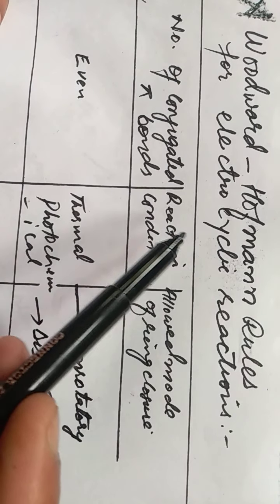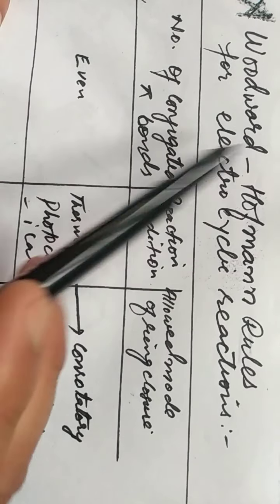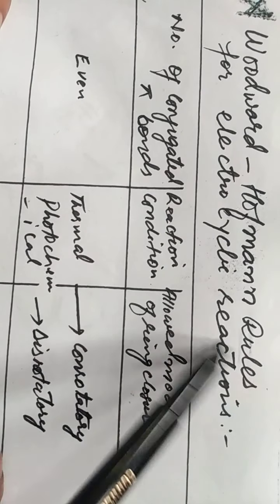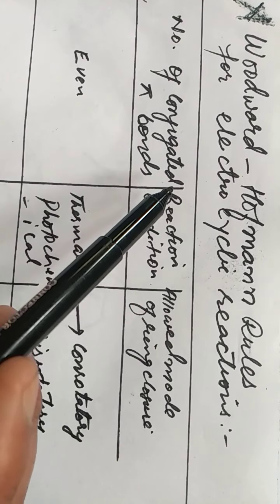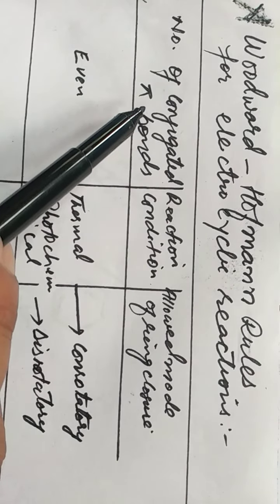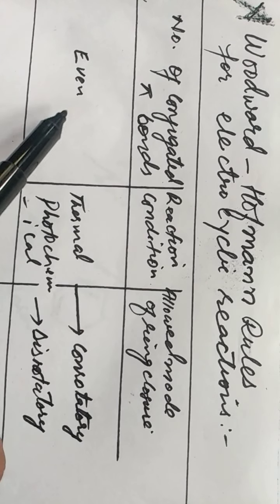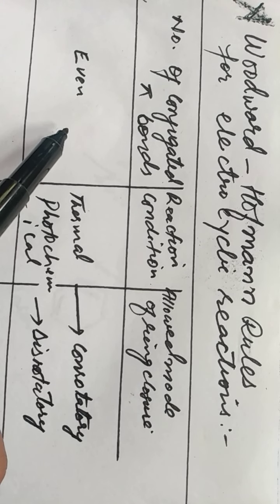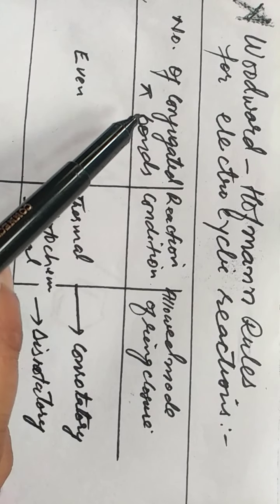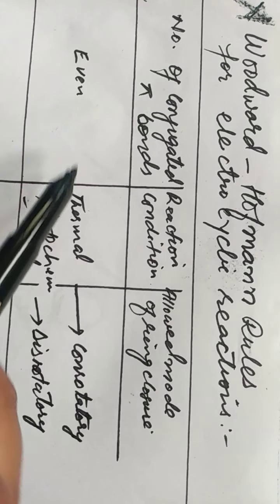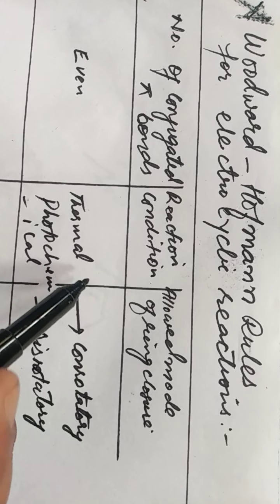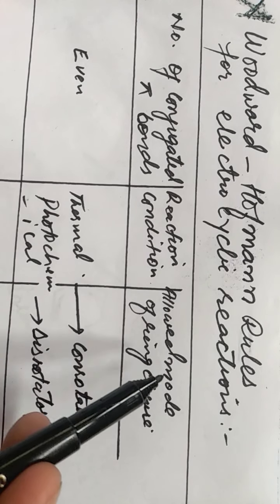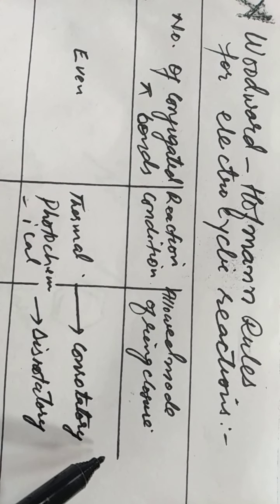There is a rule for electrocyclic reactions which is called the Woodward-Hoffmann rule. So what is this rule? This rule states that if there are an even number of conjugated pi bonds, then the reaction is thermal and the allowed mode of ring closure is conrotatory.